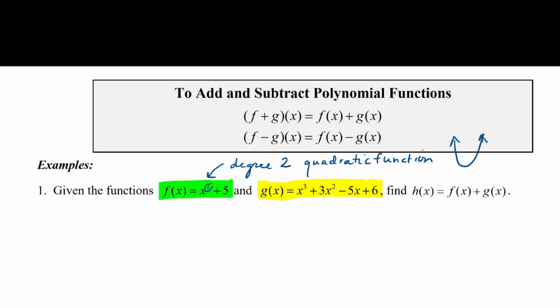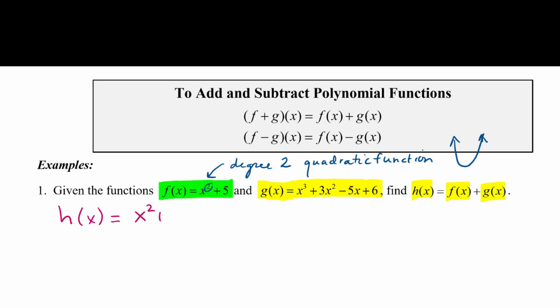So this is a degree 3 function, and what we are now going to do in this problem is, given function f, your quadratic, and function g, the cubic, form a new function h that's going to be given by adding together f and g. Okay, so we're going to create a new function that's the sum or the addition of the two old functions f and g.